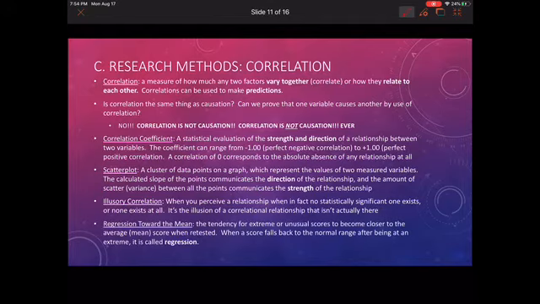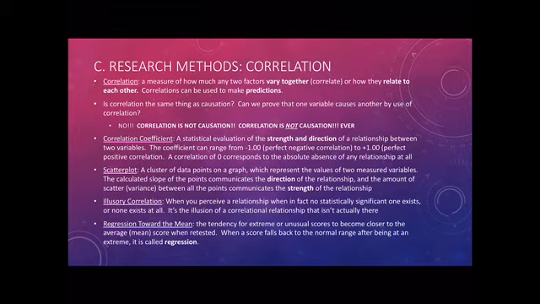And then regression towards the mean is a concept that will come up again when we get to intelligence. But regression towards the mean is really just this idea that if you had some kind of extreme score, whether it was really high or really low, the next time that you are retested, you're likely to fall closer to the average.